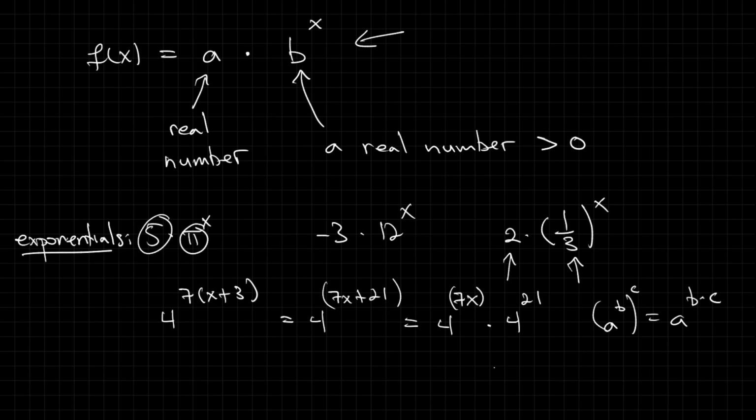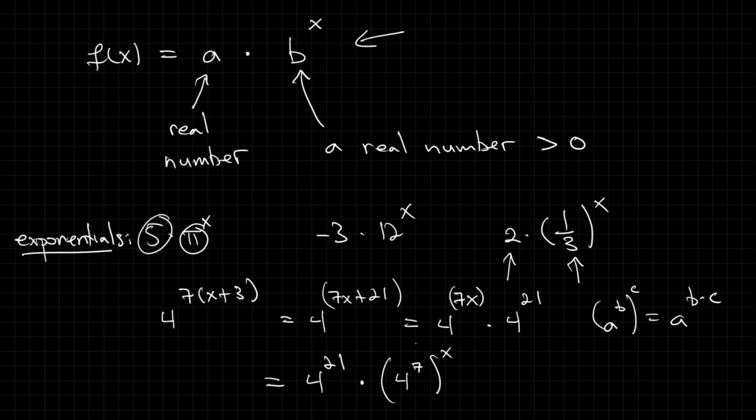So 4 to the 7x, I'm going to write the 4 to the 21 first, would be the same as 4 to the 7, all raised to the x power. If you're out of practice with these exponent rules, it will be useful to find any textbook on college algebra or pre-calculus and refer to the properties of exponents sections.